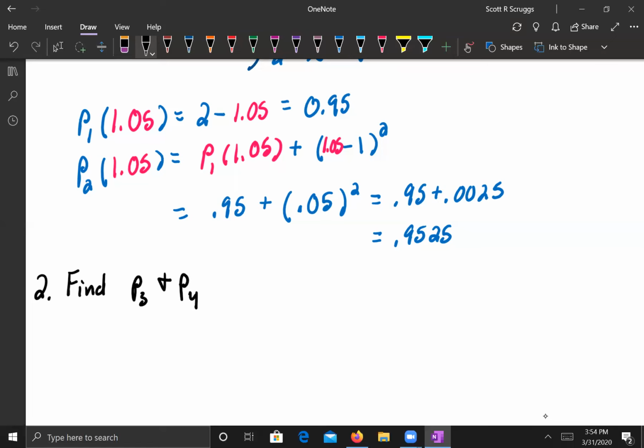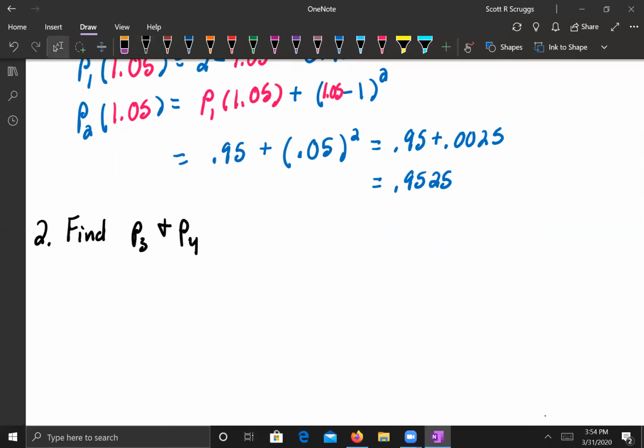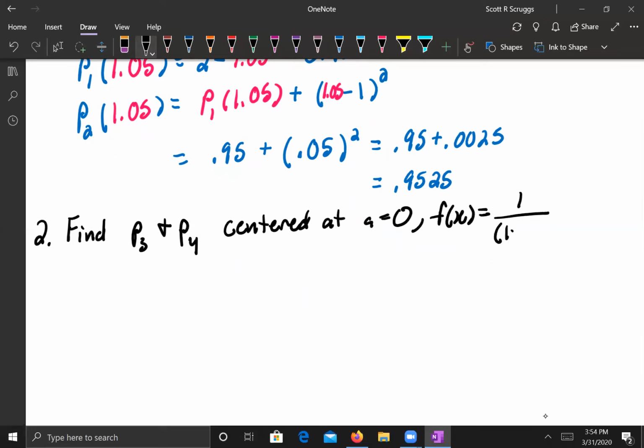Find P3, P4. Center that guy at 0. And our function now is 1 over 1 plus x to the negative 3rd power.